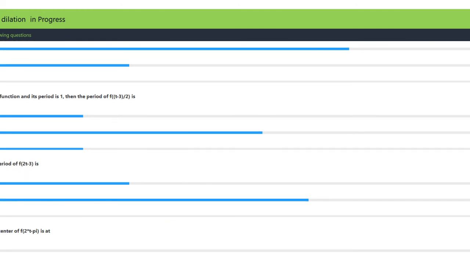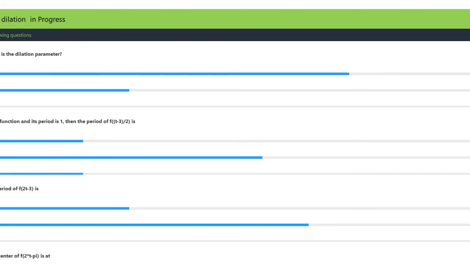For f(t) equal to sine t, if we use this format, it should change: t minus 3 divided by 2, with the denominator half. So in that case the scale is half. Previously sine t had period 2 pi.